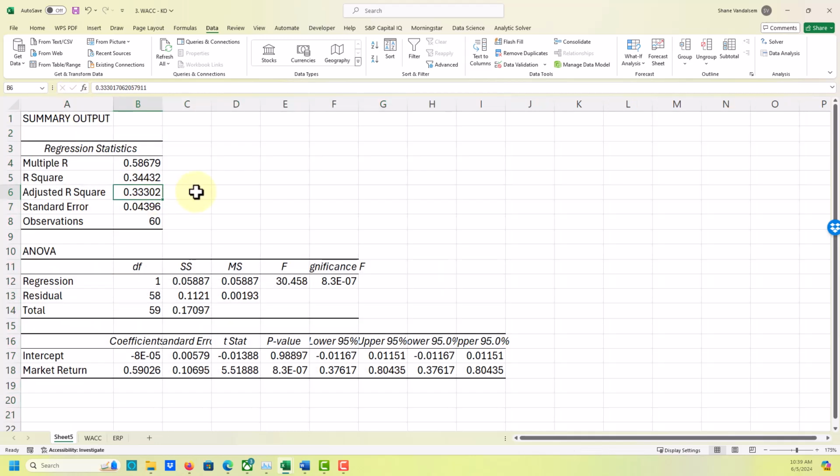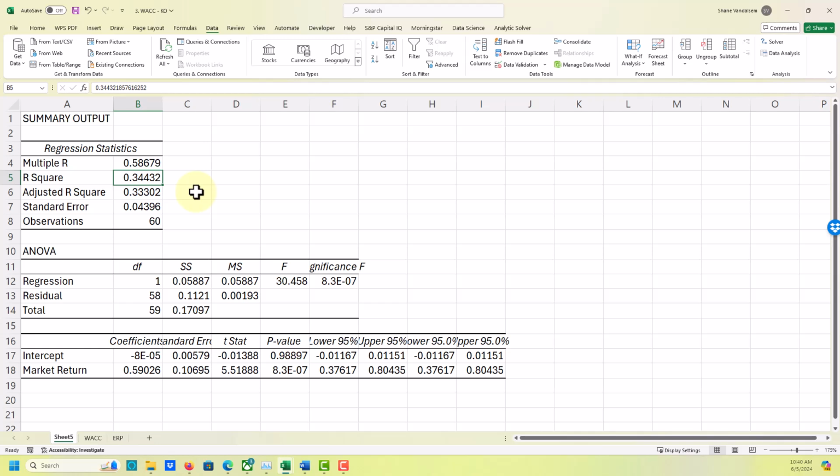So what this means is that we're going to start up here with the R-square. The R-square is the percentage of the variation in the returns for Coca-Cola that are explained by the model. So this has an R-square of 34.4%.